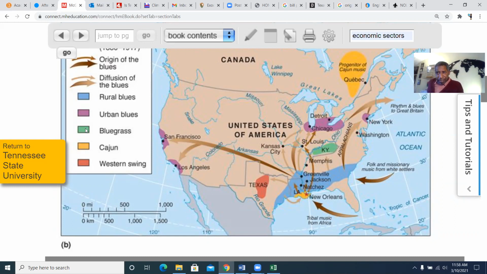So this map again is a visual representation of the concept of cultural diffusion. And that is when people migrate and take their culture with them as they migrate. You can see that illustrated in many ways on this particular map.